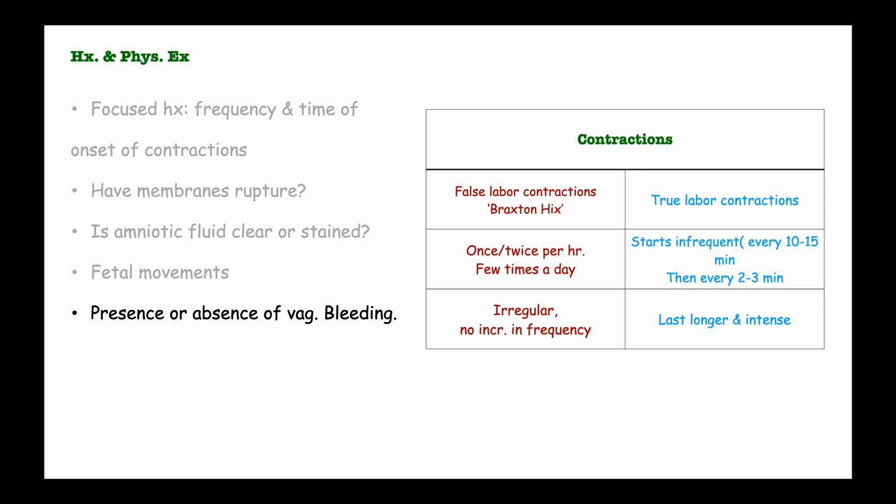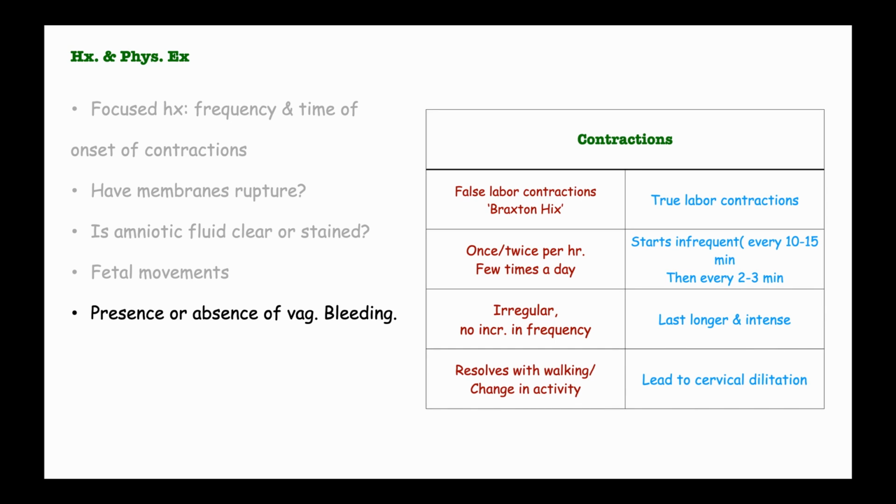Then the last thing that we also see is that in Braxton-Hicks contractions, the contractions usually resolve. They tend to resolve when the woman starts walking or changes the activity that she is doing. However, it does not lead to any cervical dilatation or effacement. You understand?